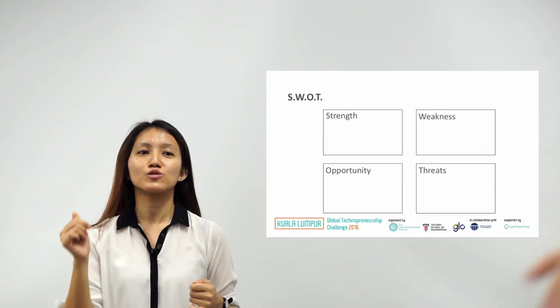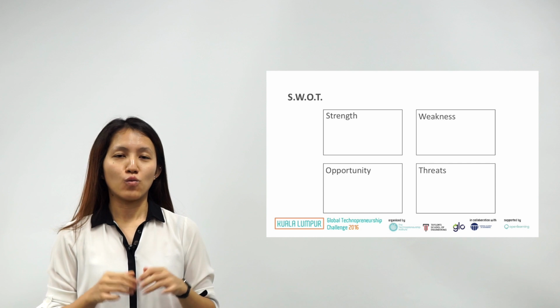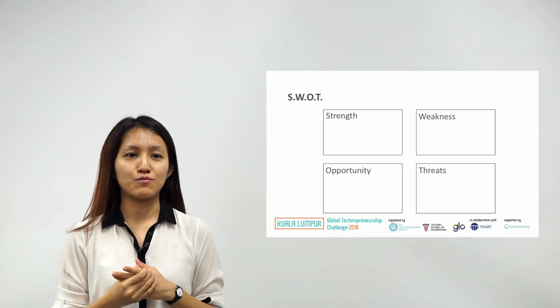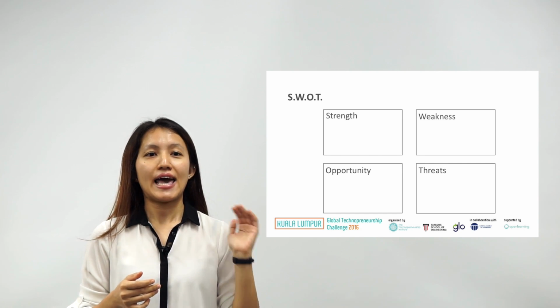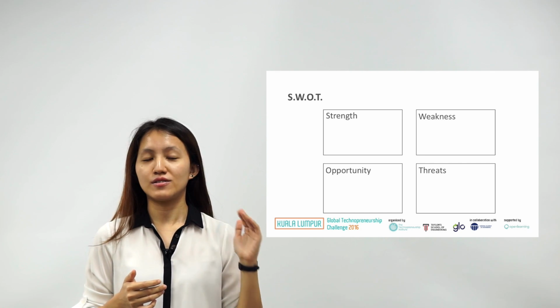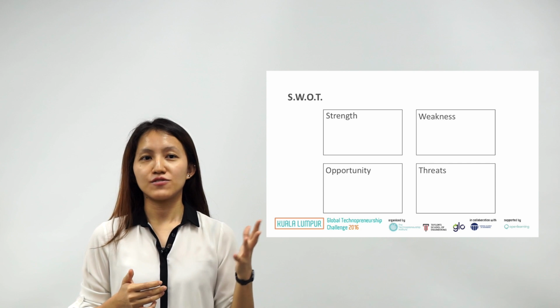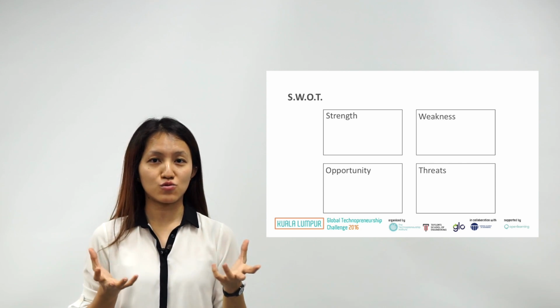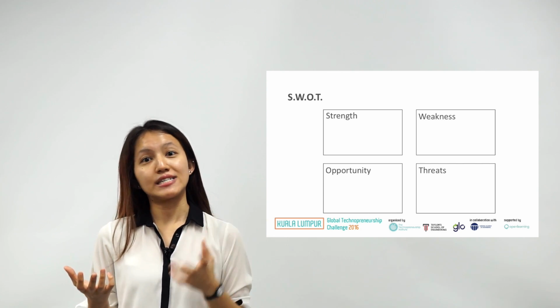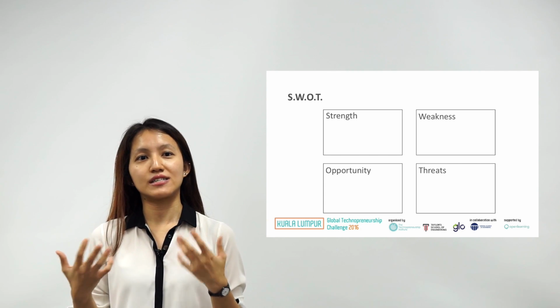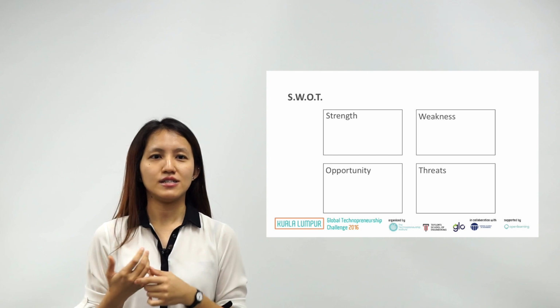So let us move to SWOT analysis. Once you have formed your team, it's important for us to identify these 4 quadrants: S, W, O, and T. S for strengths, what are the strengths of you as a team? Followed by the weaknesses, what are the weaknesses that each of us has?